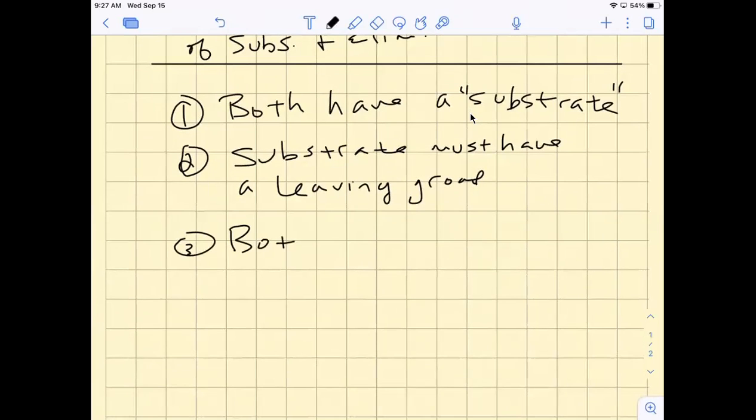Both types of reactions, substitution and elimination, are dependent on conditions.